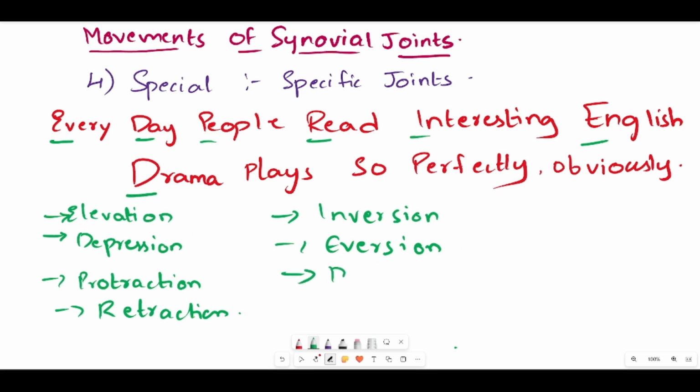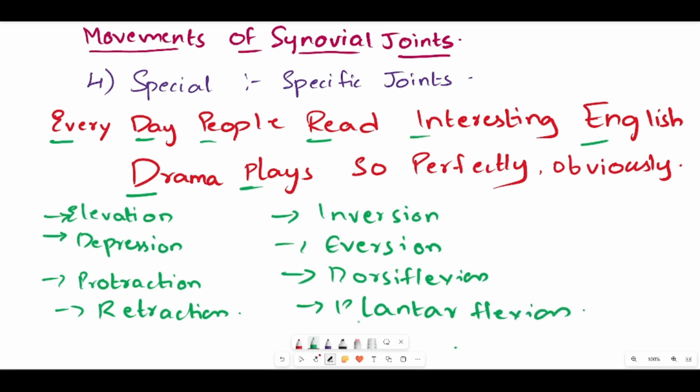Then we have D again. D means dorsiflexion. Dorsiflexion is nothing but moving the foot upward. P. What is P now? It is plantar flexion. What is plantar flexion? It is simply keeping the toes downward.